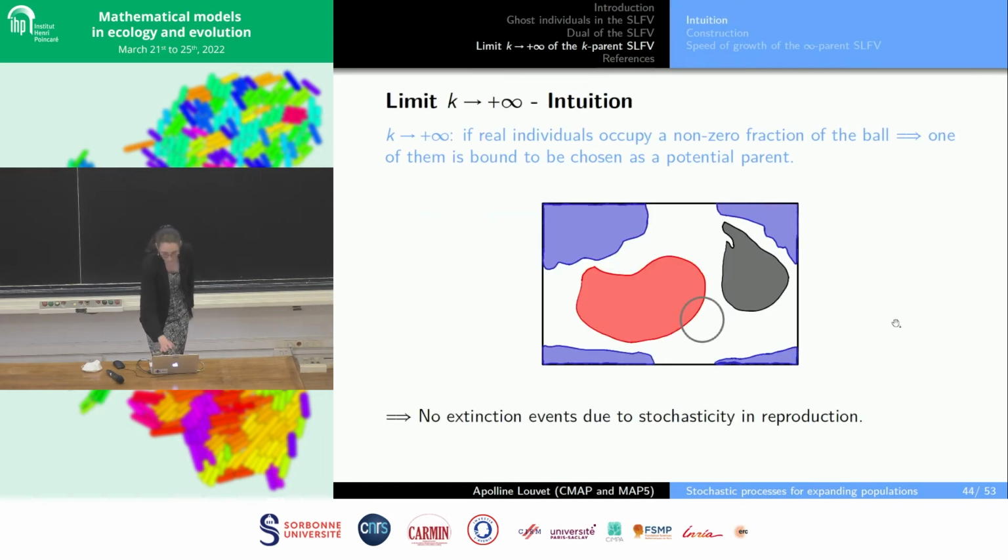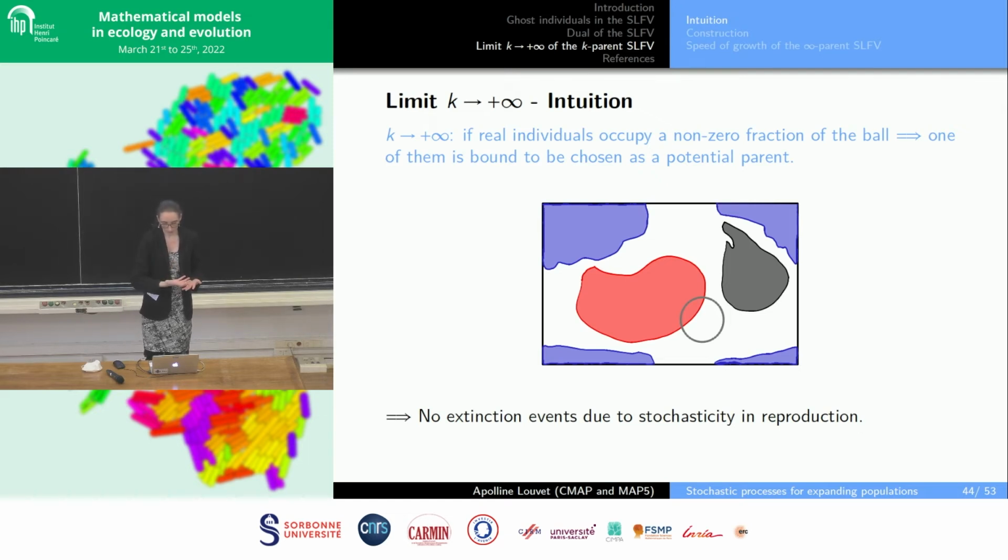Intuitively, when you have a reproduction event intersecting only partly an area actually occupied, if your number of potential parents is finite, you always have a non-zero probability of having only ghost potential parents. But when your number of potential parents grows to +infinity, this no longer happens.